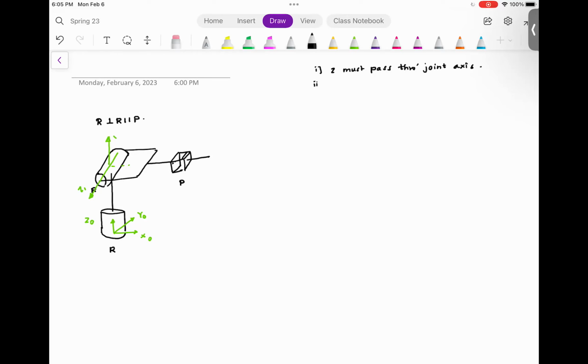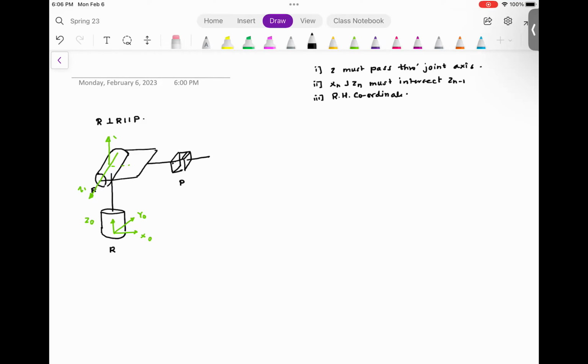Then the second rule is X n should be perpendicular to Z n and must intersect Z n minus 1. And the third rule is we have to use the right-hand coordinate system.